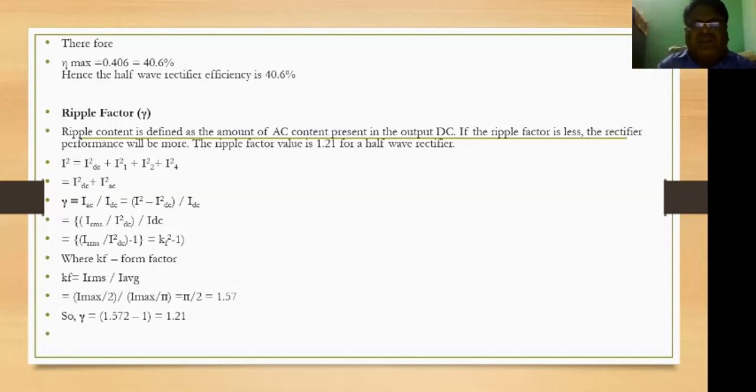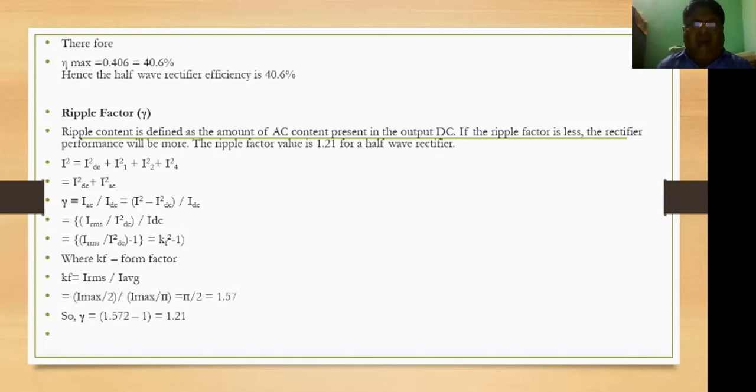That is a very important question. How can you say which one is best? By comparing the analysis, after that comes your conclusion.